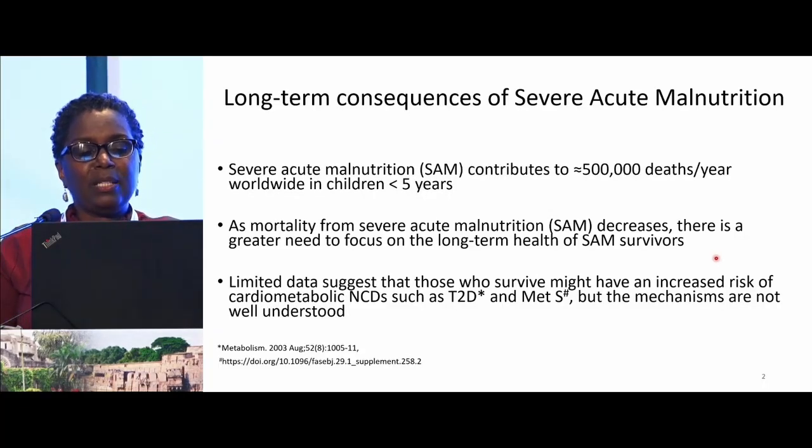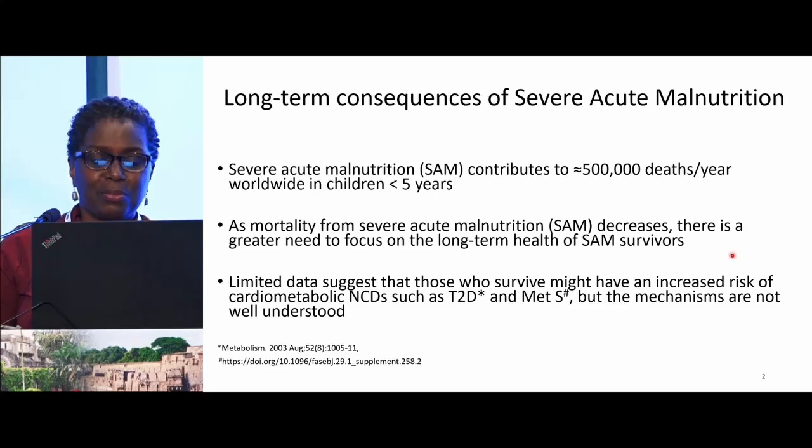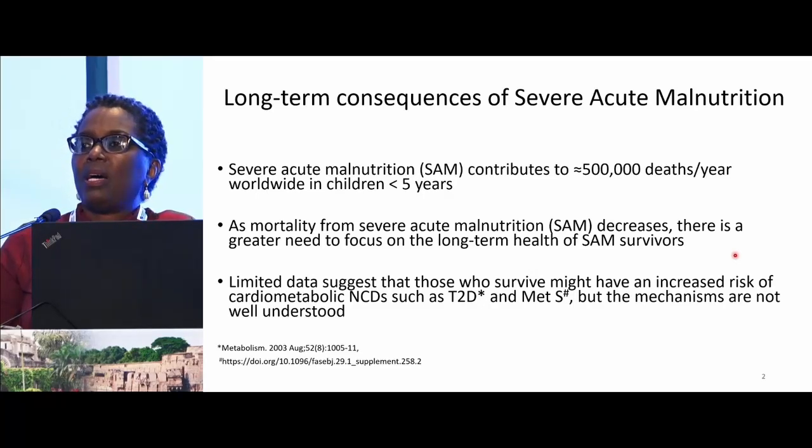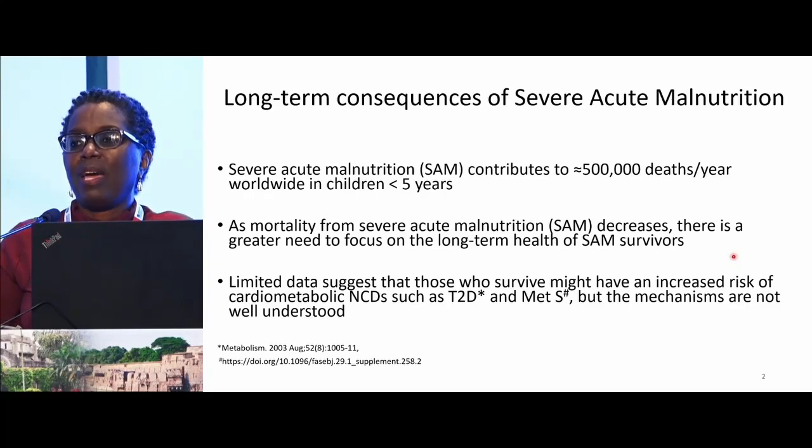So severe acute malnutrition, or as we call it, SAM, contributes to over 500,000 deaths per year worldwide in children who are less than 5 years old. Now, as the mortality from severe acute malnutrition declines as a result of better programming of food delivery and so on, there's a greater need for us to focus on the long-term health of SAM survivors, meaning that instead of just thinking about children surviving, we're now focusing on children thriving into the future and into adult life.